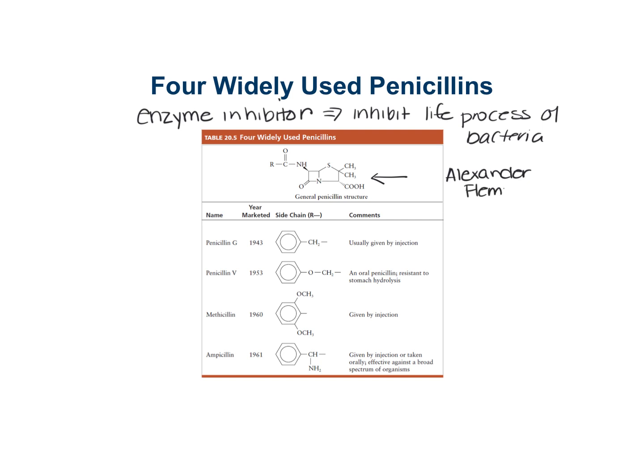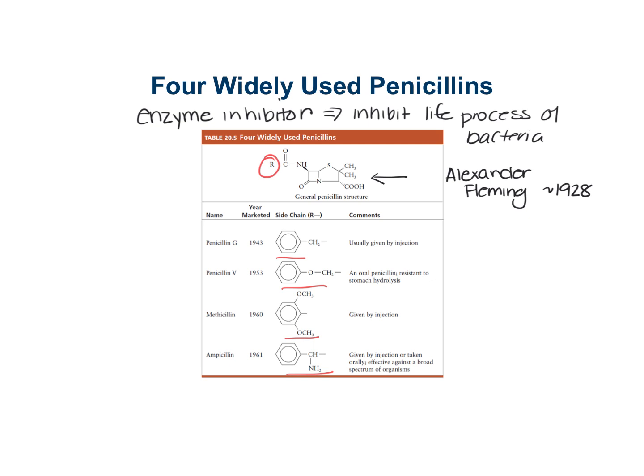You'll notice that it has an R group right here. And these are the different R groups that are attached to that penicillin, and you can see how they're given there.